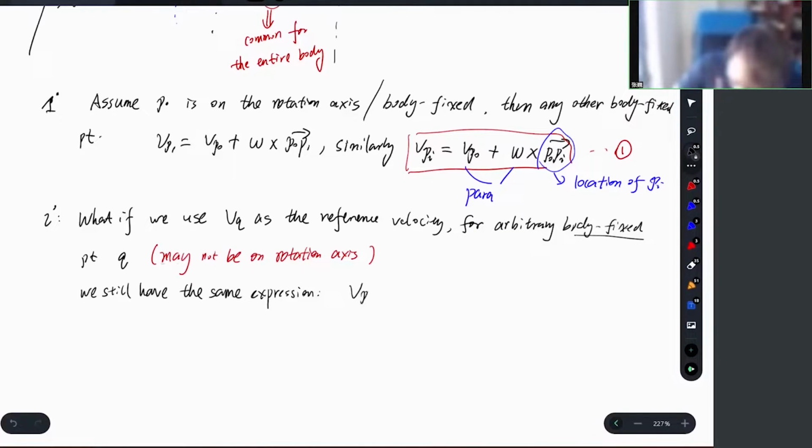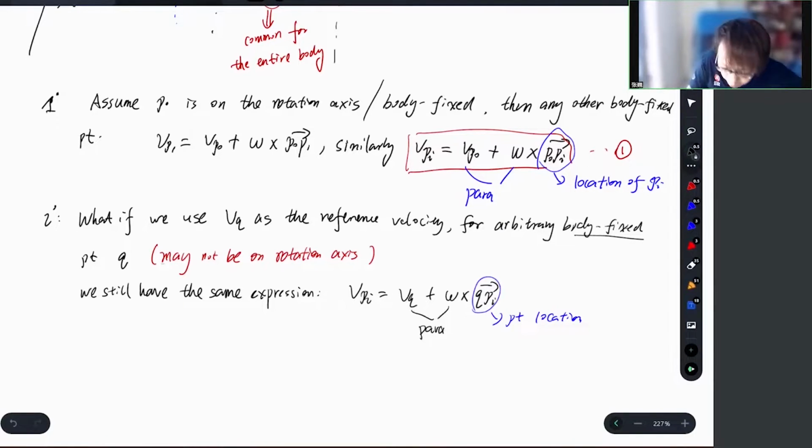In other words, VPI, if I want to express all the points' velocity, still has the same kind of formula, which is VQ, it's not VP0 anymore. It's VQ plus omega cross from Q to the point's location. Again, this one is the point location, and this is my parameterization. And the formula is the same.